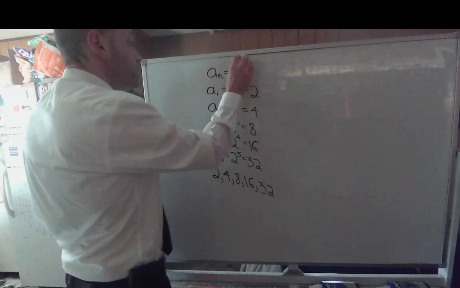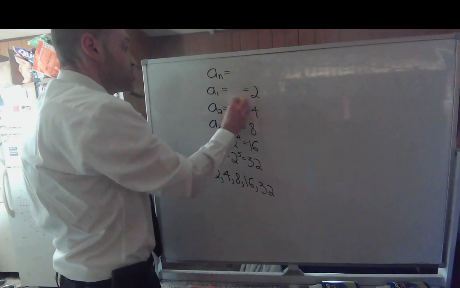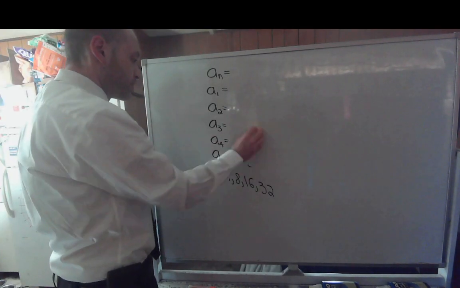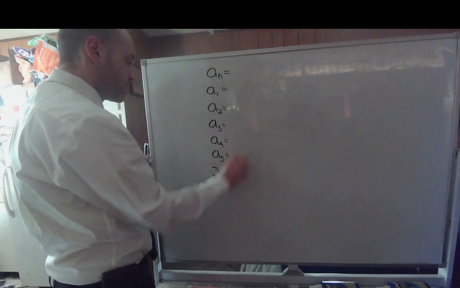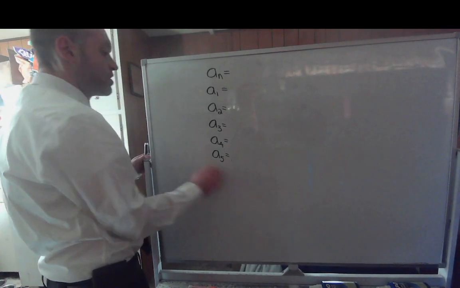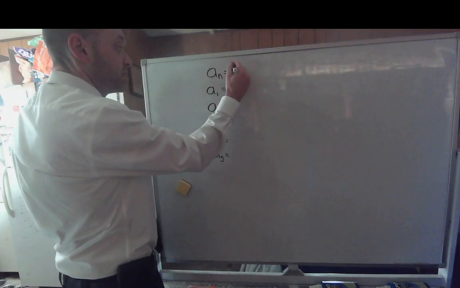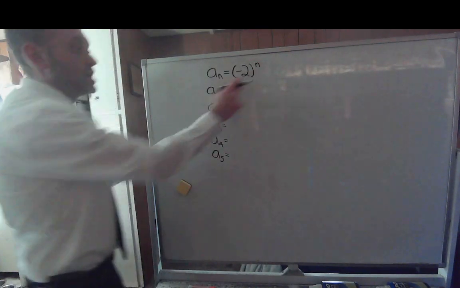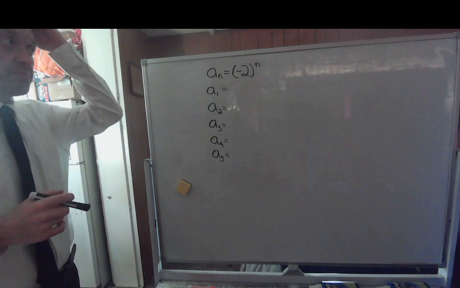Alright, now, what if I change it up a bit here? What if I made my a sub n negative 2 to the n power? So now I'm going to have a negative 2 to the n power.